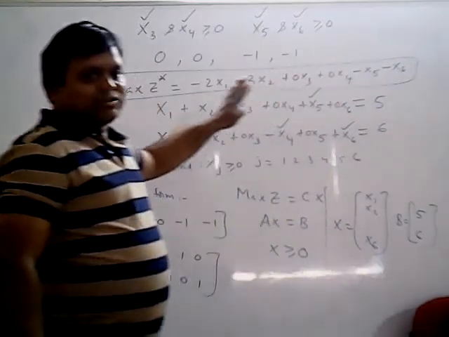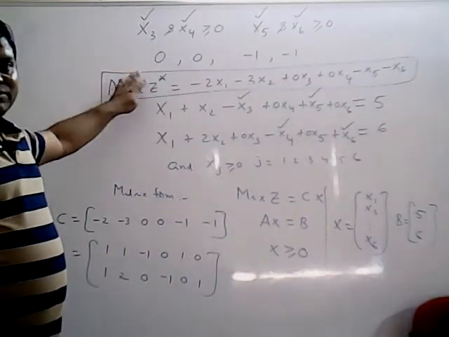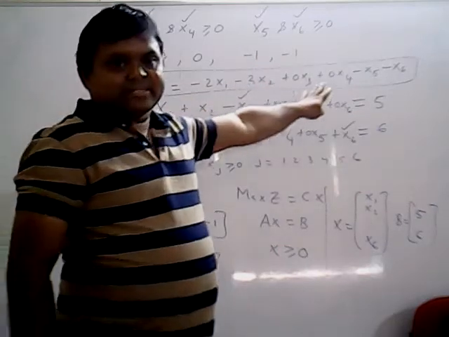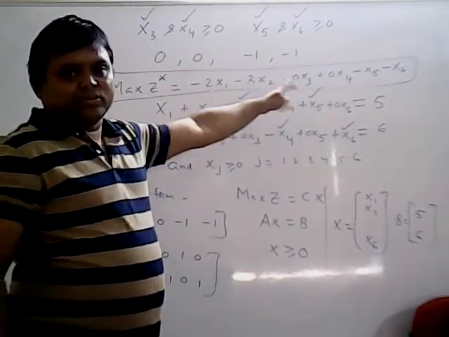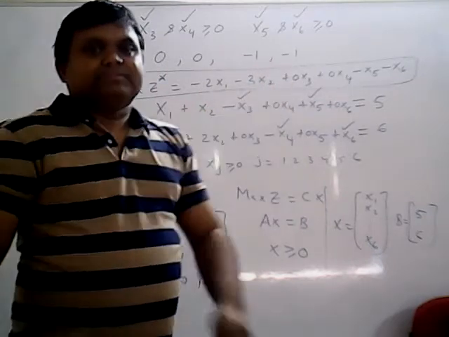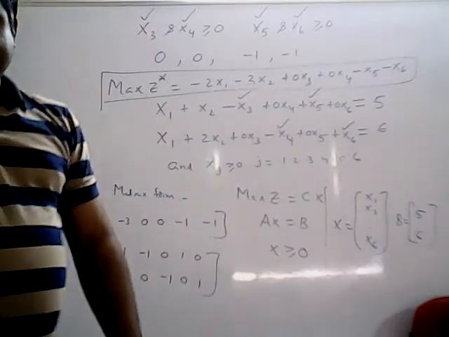That means in phase 1, you will consider the objective function only as -x5 and -x6. The remaining all you will treat as 0. That's the meaning of that one.